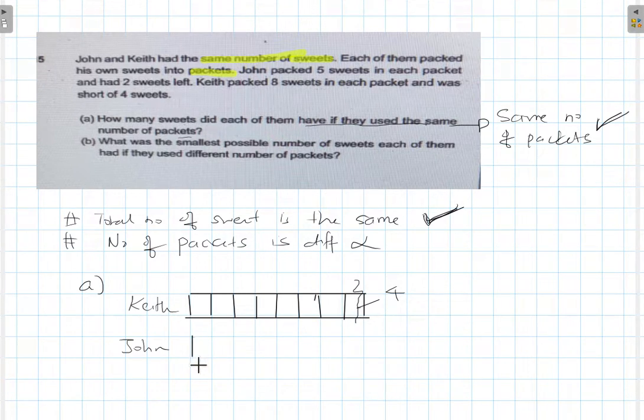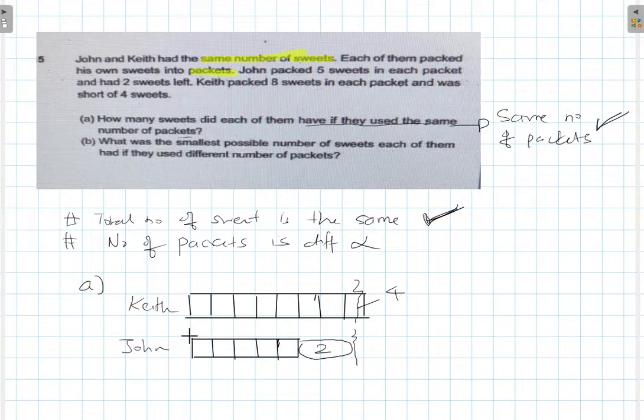John will be 1, 2, 3, 4, 5. And then I will have what? 2 sweets until here, right? Here's 2 sweets.